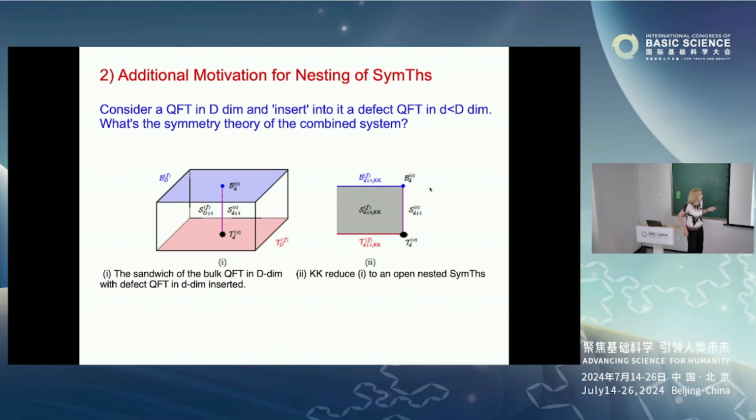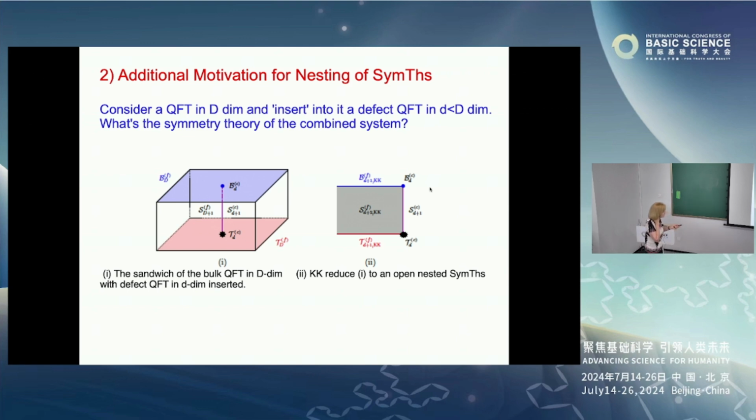So, via symmetry theories, we see originally we have the D-dimensional quantum field theory, and we insert the quantum field theory of the defect. Now we construct the so-called sandwich, namely we have a capital D+1 symmetry theory in principle that is associated with the original quantum field theory, but now there is also the defect, and it's associated with a symmetry theory one dimension higher.